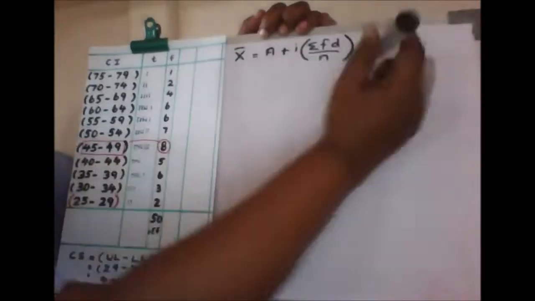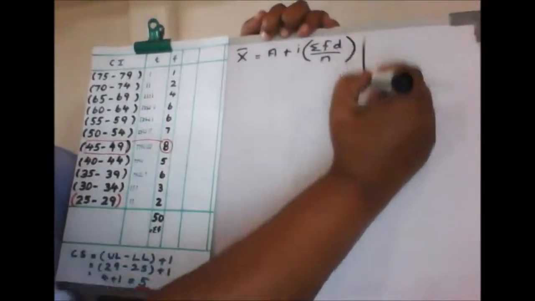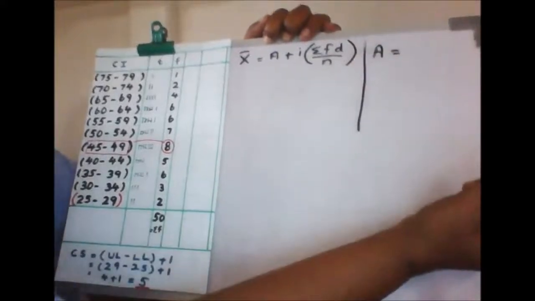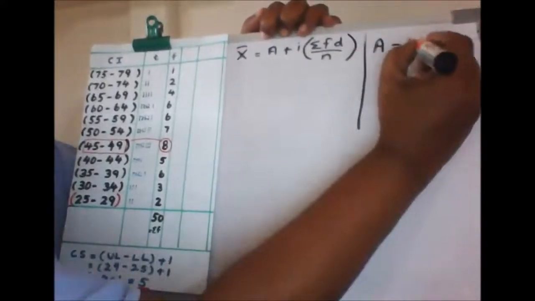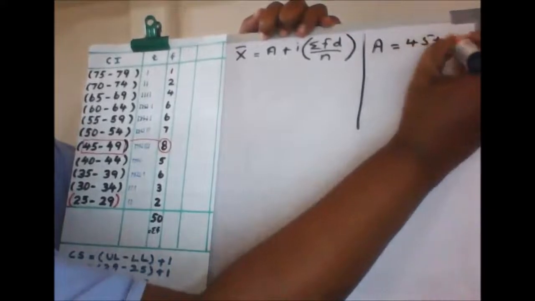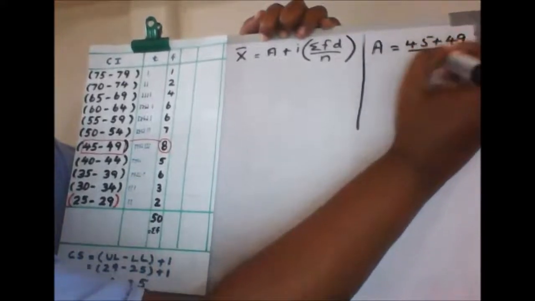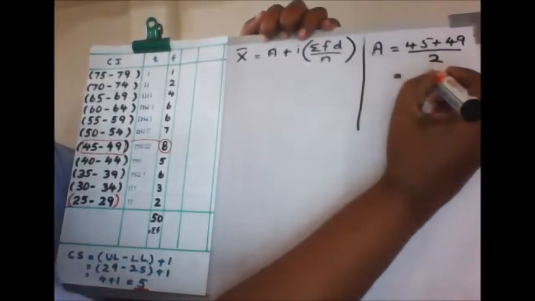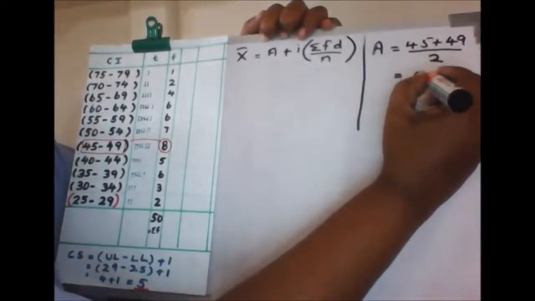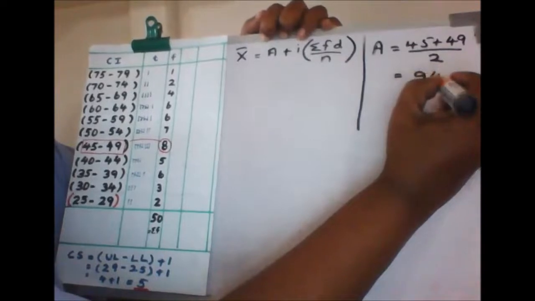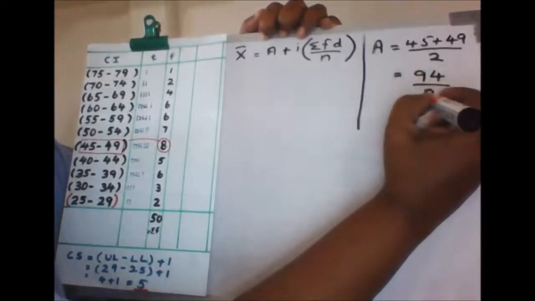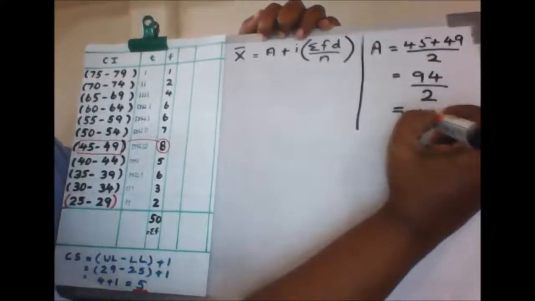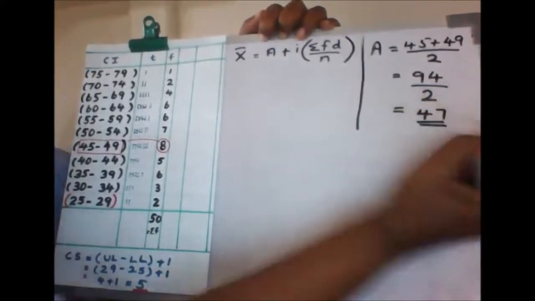So our assumed mean A equals 45 plus 49 divided by 2, that is 94 divided by 2. So our A is 47, assumed mean.